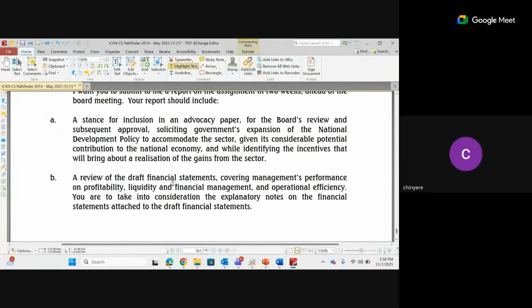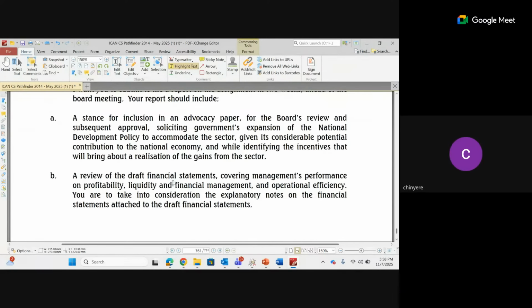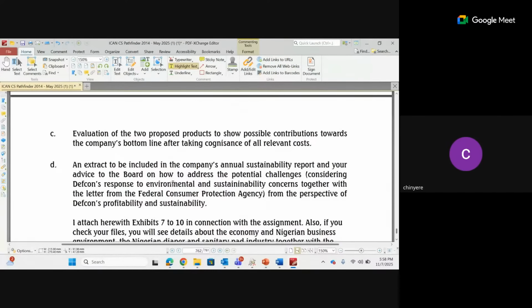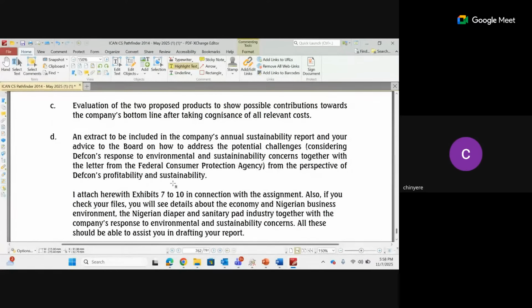You are to take into consideration the explanatory notes on the financial statement attached to the draft financial statement. C, evaluation of the 2 proposed products to show possible contribution towards the company's bottom line after taking cognizance of all relevant costs.